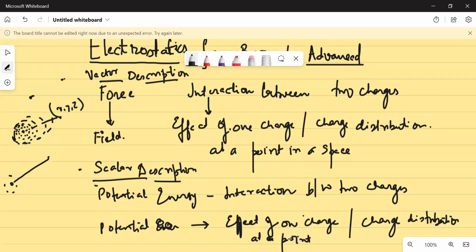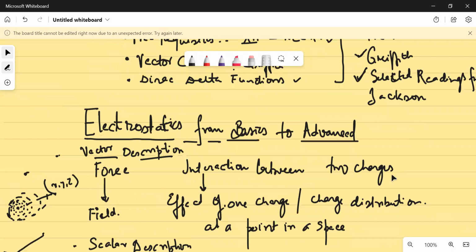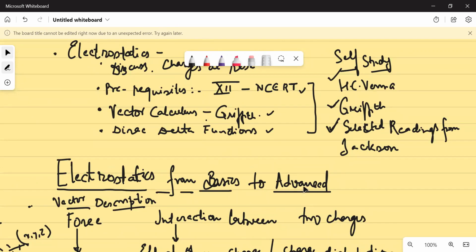What I would recommend on a personal scale, because I'll keep doing difficult or rigorous problems, is that as I go on, for example, today we are doing field, probably tomorrow we'll be doing potential, you go through some solved examples of HCM and at least the solved ones for Griffiths. Finish the solved ones, not the unsolved ones, because in your busy schedule you'll not be able to finish everything.